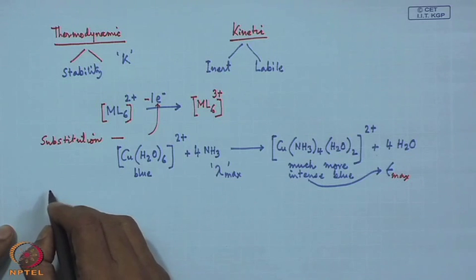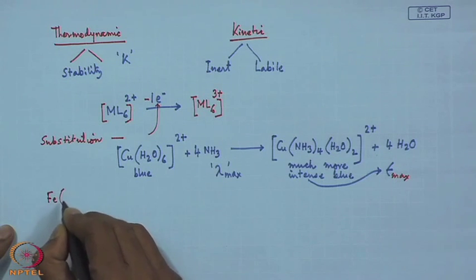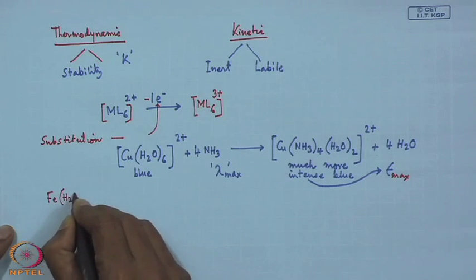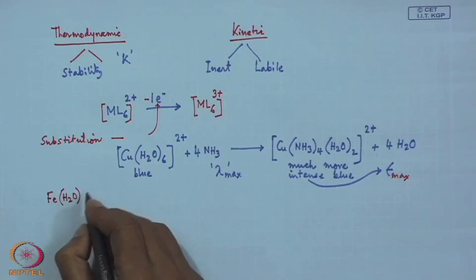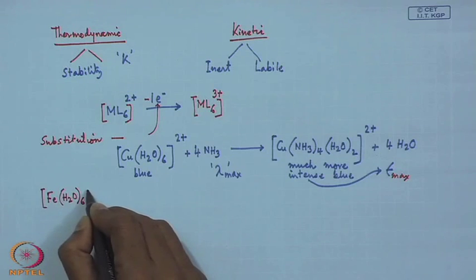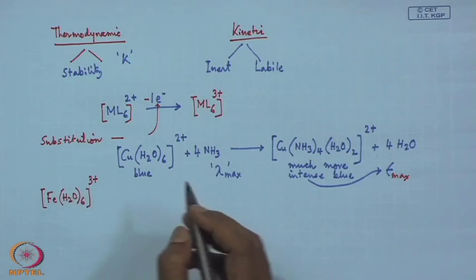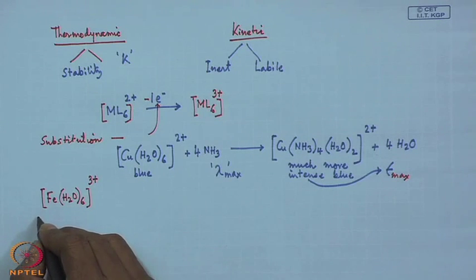Similarly, there is another color changing characteristic reaction which immediately shows us the ligand substitution reaction for water molecules occupying the octahedral positions around the iron in the ferric state, and it has a pale violet color.